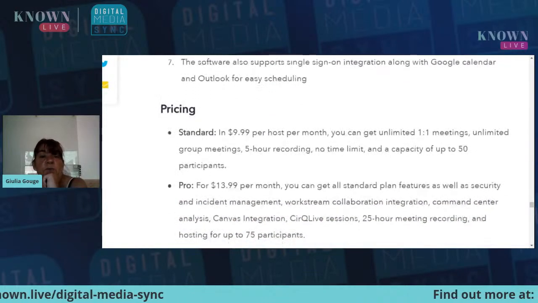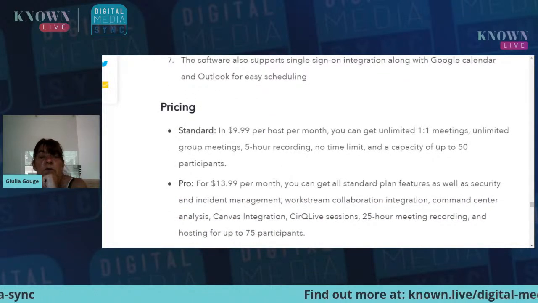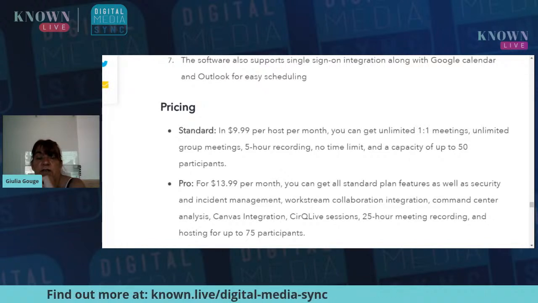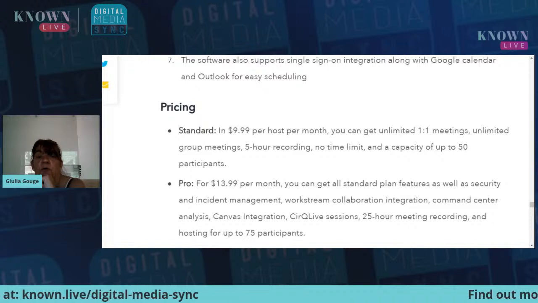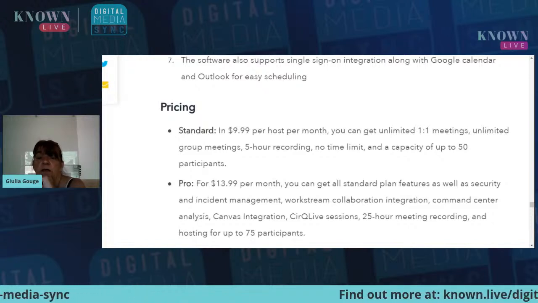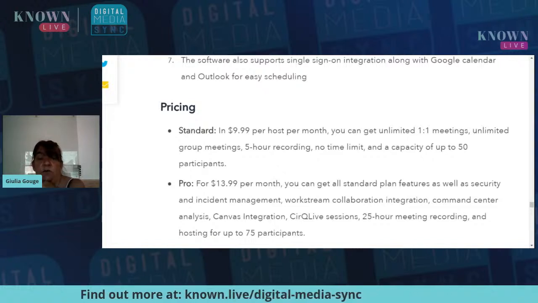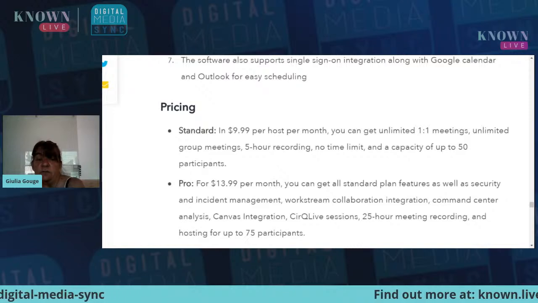So again, the pricing, there's not a premium version, but there's a low entry cost, which is $9.99 per host per month. And you can get unlimited one-on-one meetings, unlimited group meetings, 5-hour recordings, no time limit, and a capacity of up to 50 participants.